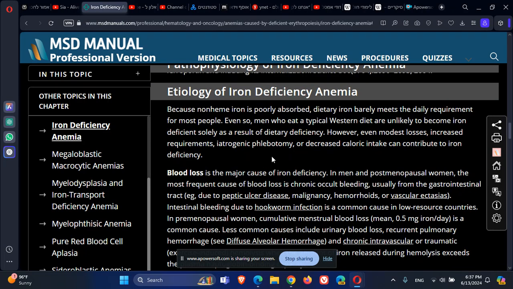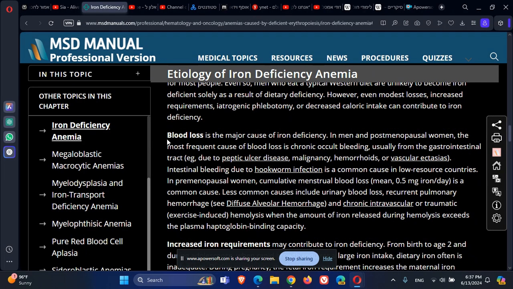Etiology of iron deficiency anemia: blood loss is probably the most common cause. The most common source is menstruation in women, who lose blood cumulatively every month.